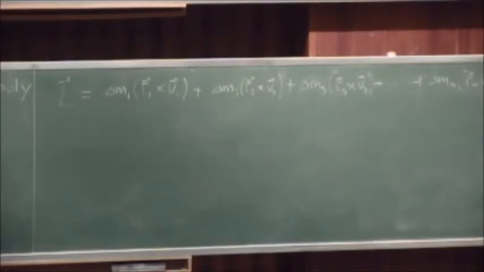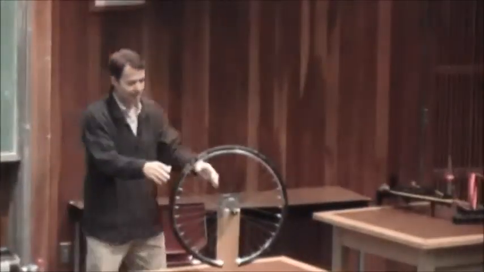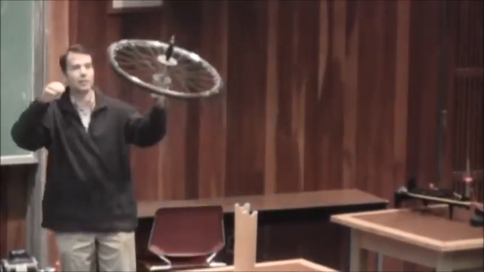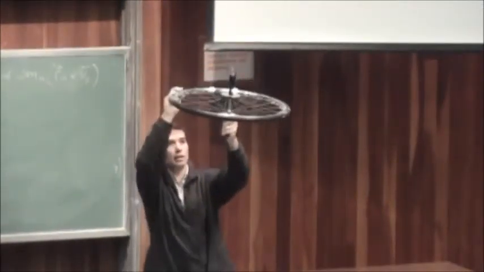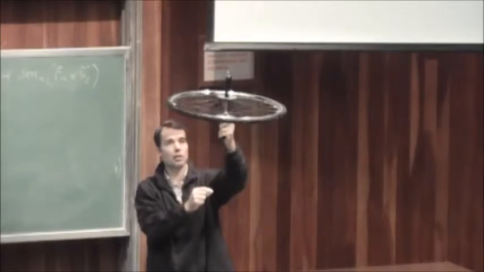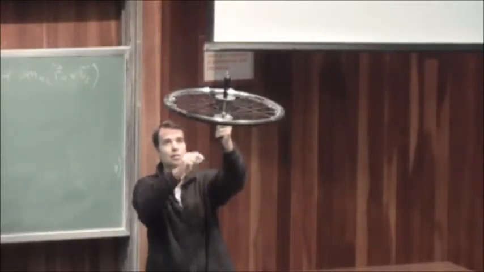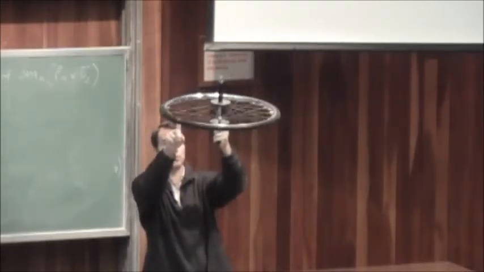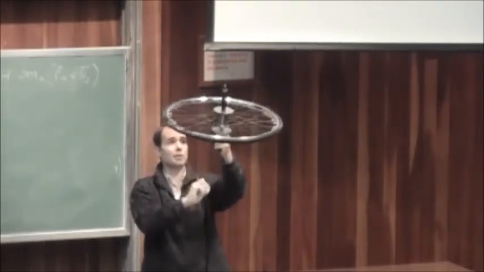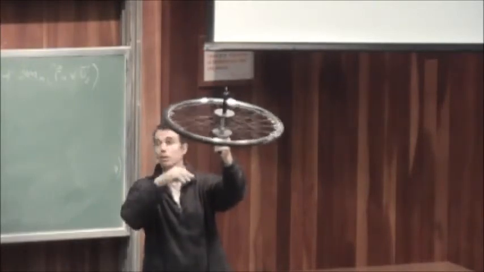So we can imagine we just have this. This bicycle wheel is turning out to be extremely useful. Here's my origin right here, and I just spin this around. If I want to look at my angular momentum at any point, I just go up with my radius vector coming up to this point, or a radius vector coming up to here, and I find the mass at that particular point.